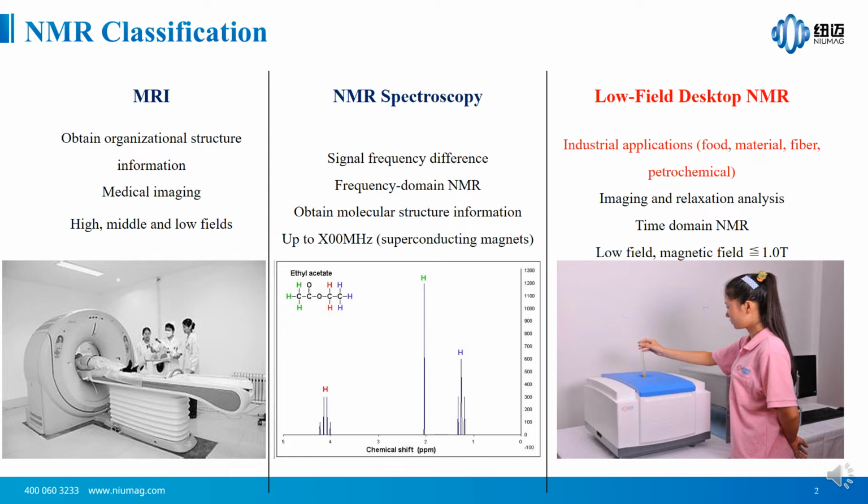This type of NMR can also be configured for imaging and relaxation analysis, also known as time domain NMR. It does the analysis based on the time dimension. It is mainly low field, permanent magnetic resonance. The field intensity is usually less than 1 Tesla.